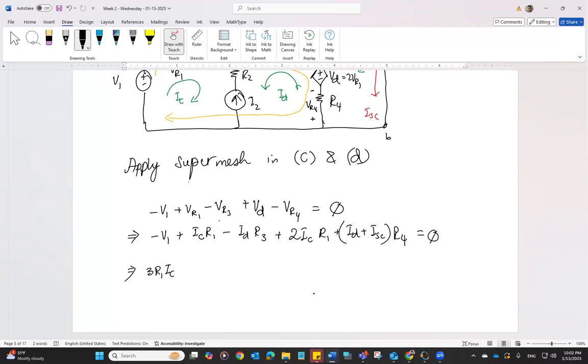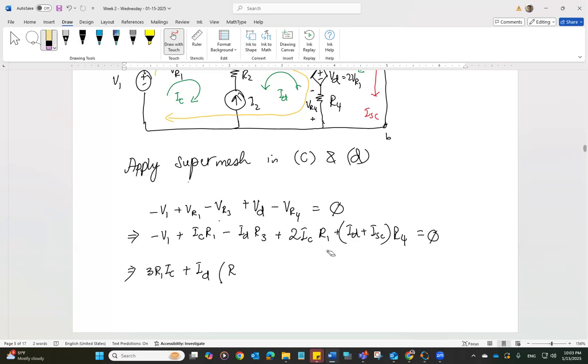And now I'm going to write down ID. So I have ID over here, negative IDR3 and positive IDR4. Oh, this was negative VR4, so that's going to be a negative sign instead of positive sign.